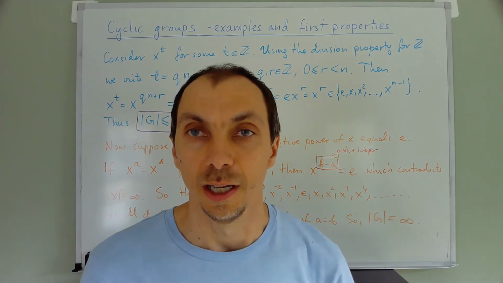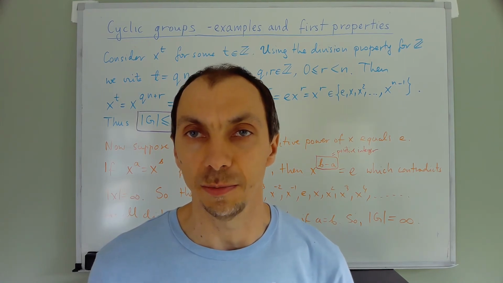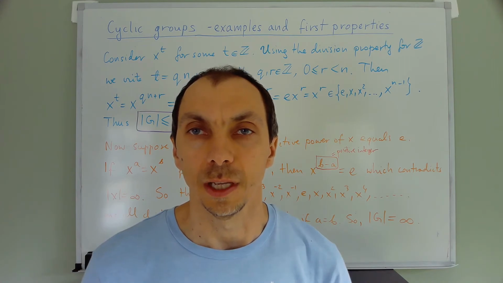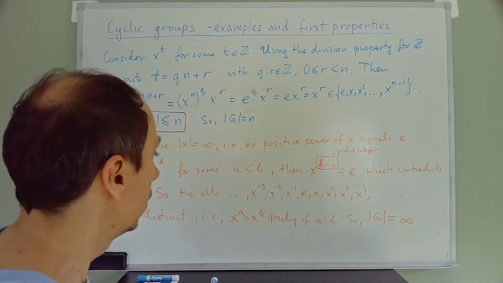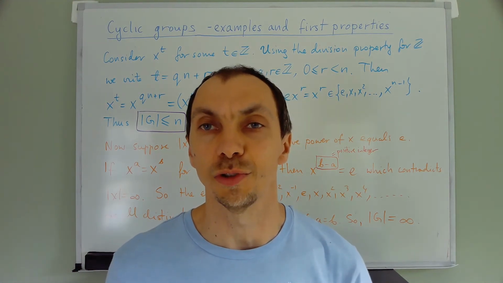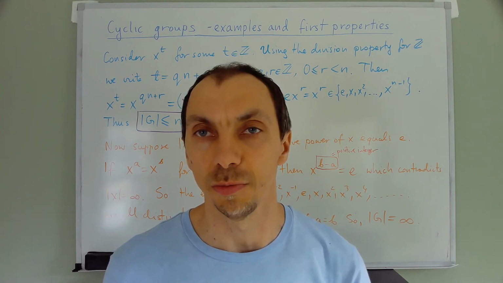And vice versa, if G is infinite, then it must have a generator whose order is infinite, because if it had a generator whose order was finite, then G would be finite.